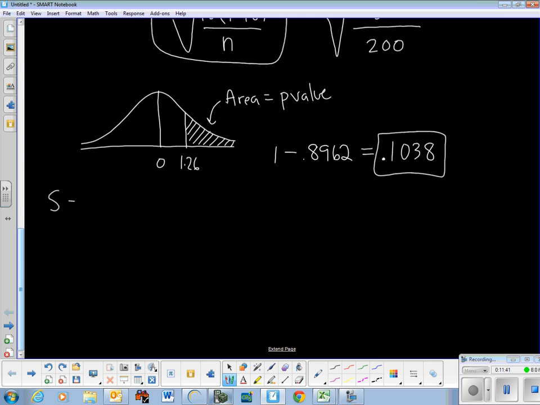S is state your conclusions in context. I fail to reject. Remember, we don't say we accept it, we just fail to reject the null hypothesis at the 5% level.